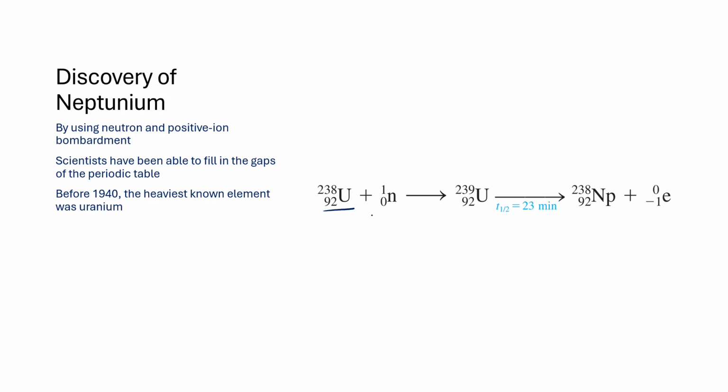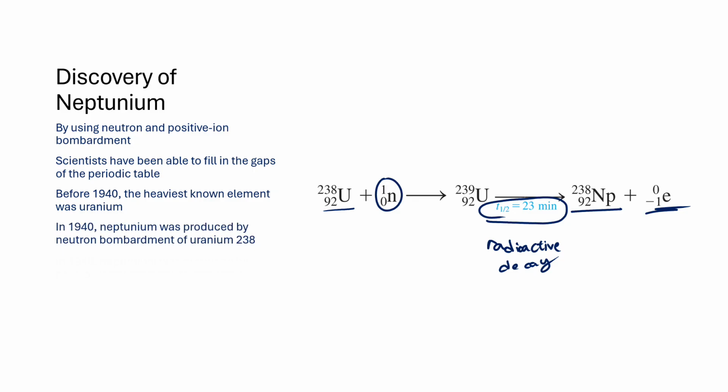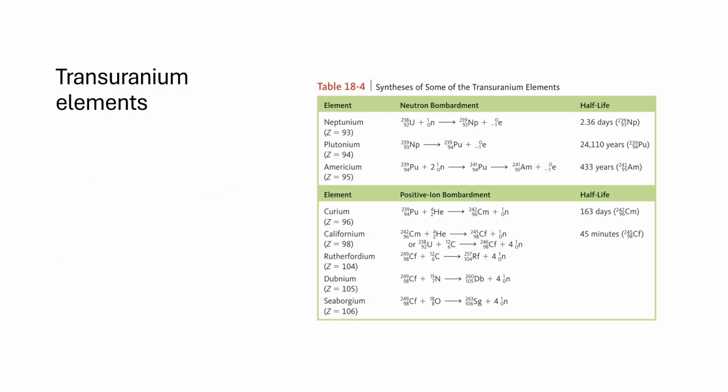But when you bombard uranium with a neutron, it becomes uranium-239 and then it goes through radioactive decay. And look at that, you have neptunium and a beta particle, right? Neptunium was produced by the neutron bombardment of uranium-238.